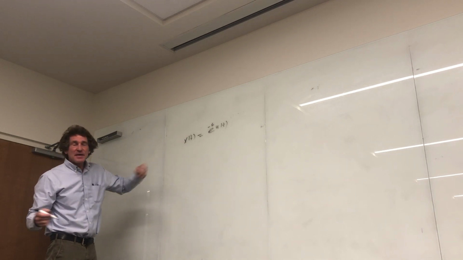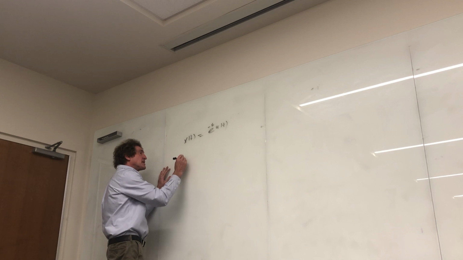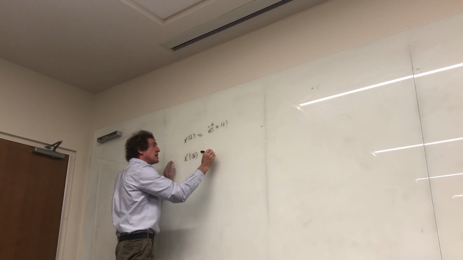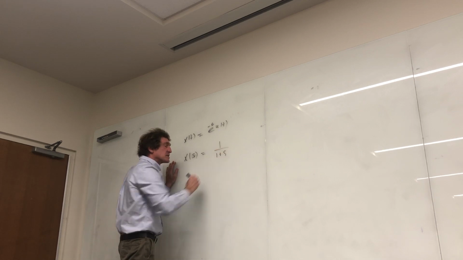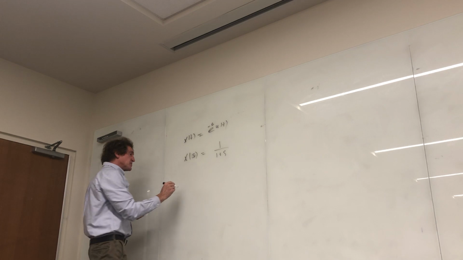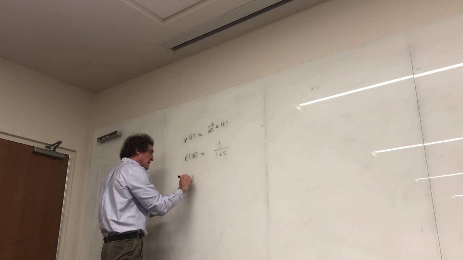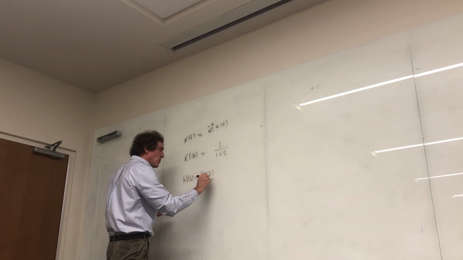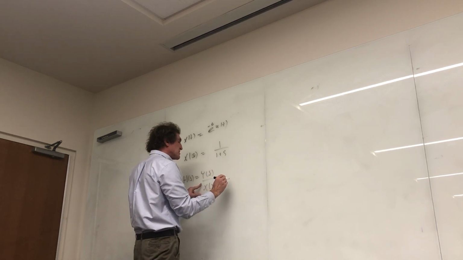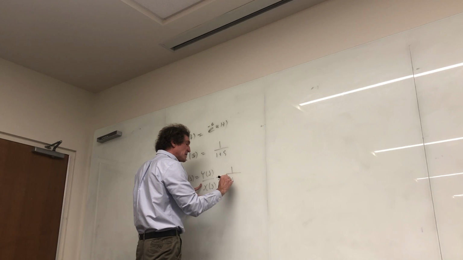But here, when I have this, x of s is simply equal to 1 over 1 plus s, correct? Agreed? Now, I know my h of s is equal to y of s over x of s, and it's simply 1 over s plus 2.